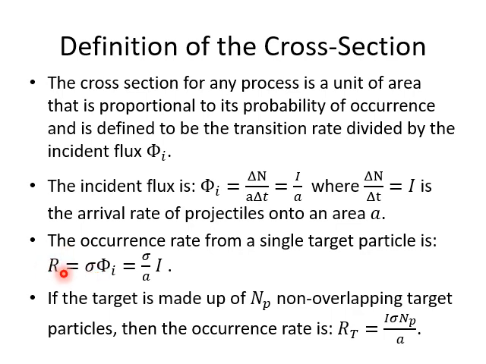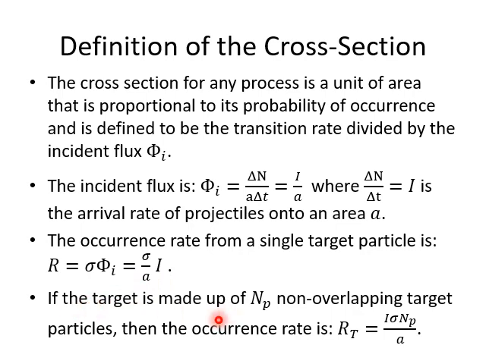So I'll label that occurrence rate, how frequently does that occur, right, as the flux of particles per area times the cross-section. Or I've got the rate at which particles arrive into the area times the cross-section of a single target divided by the overall area of all the particles over which all the particles are coming in.